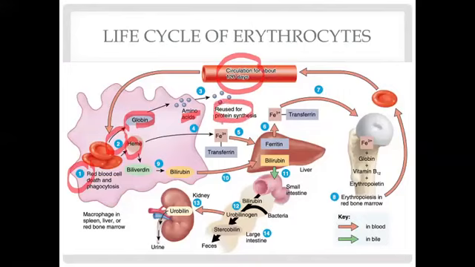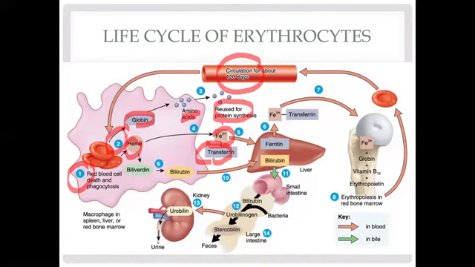Next, number 4, iron is removed from the heme, and it is being associated with transferrin, which is a carrier protein or a transporter protein in the bloodstream.